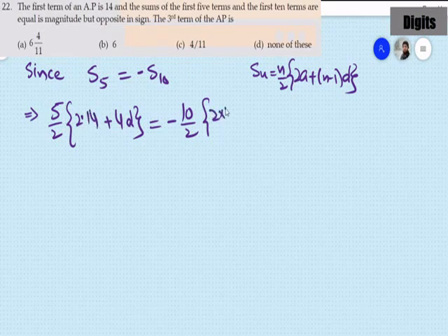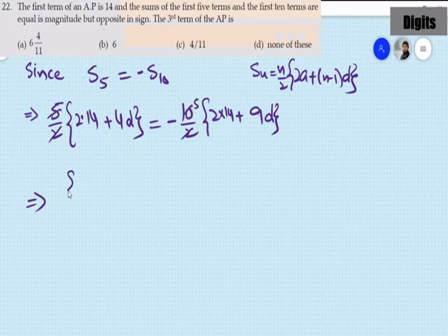It will be 2 into 14 plus n minus 1, that is 9d. So we can say it will be equal to, now cancel out 2 and 2 because these are in product, and 5 into 2.